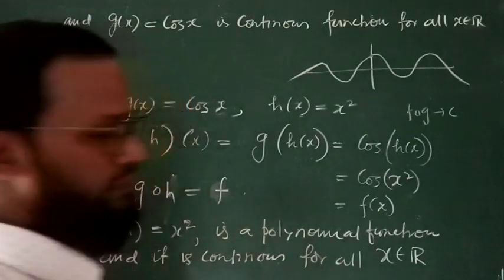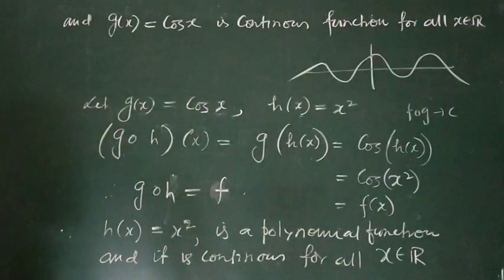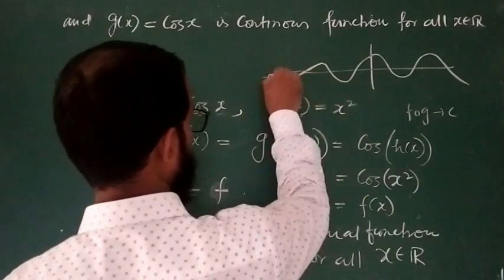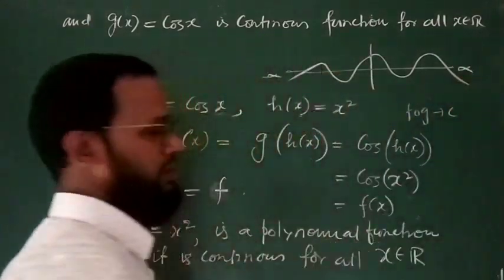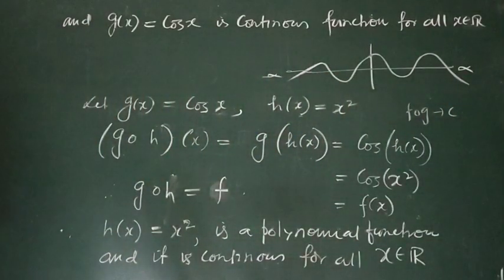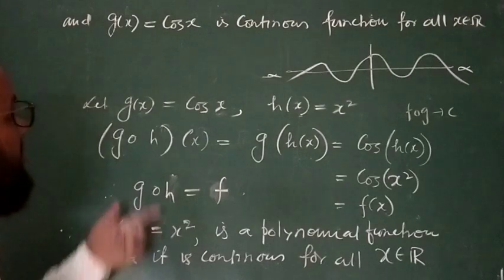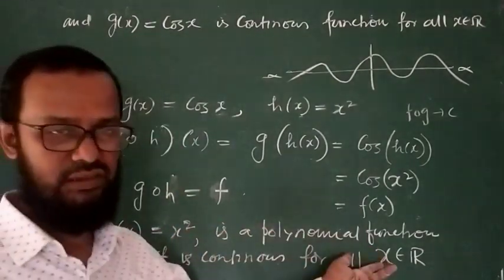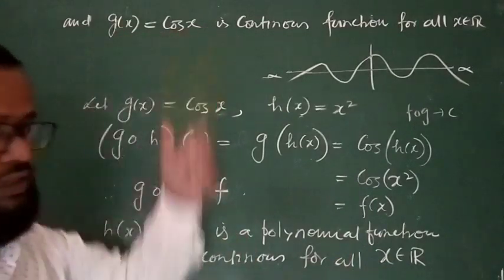So the cosine function is continuous. There is no break at any point in its domain, minus infinity to plus infinity. The cosine function is not discontinuous, so it is a continuous function. So h is continuous, g is continuous. h is continuous at any real number, g is continuous at any real number.